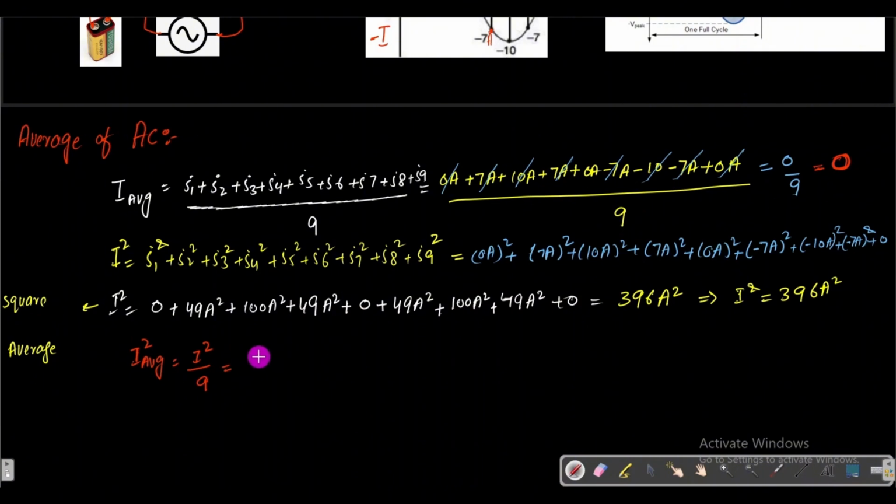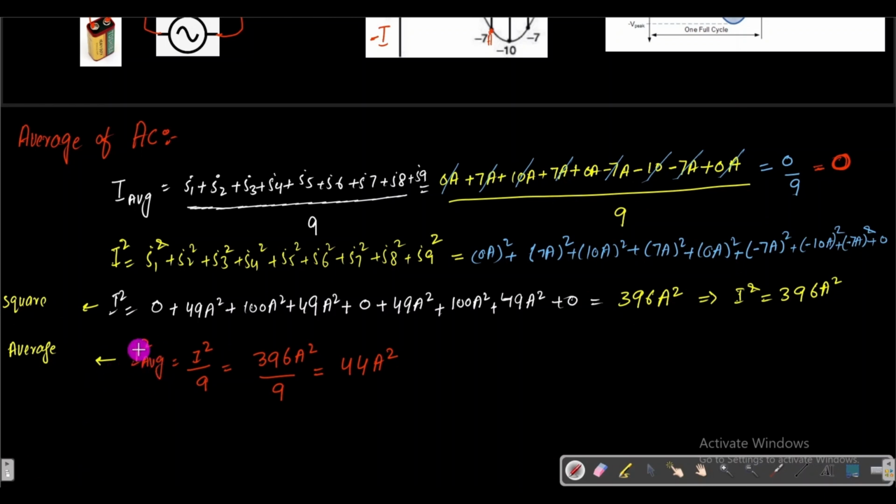That is 396 ampere square divided by 9, and it is equal to 44 ampere square. So this is actually the average of that I square.